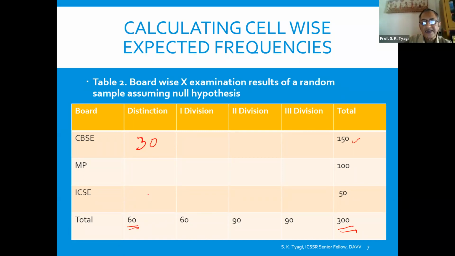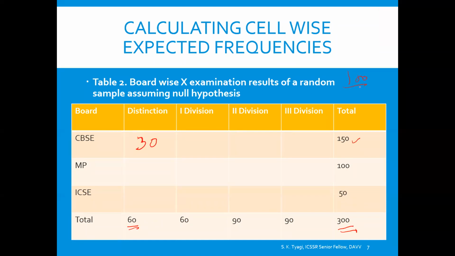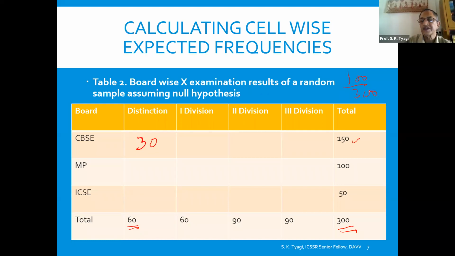If there is no relationship between board and result, then the ratio which is there will be preserved here. So the expected frequency here will be 30. This is 1/3: 100 divided by 300 is 1/3. So what is 1/3 of 60? 20.